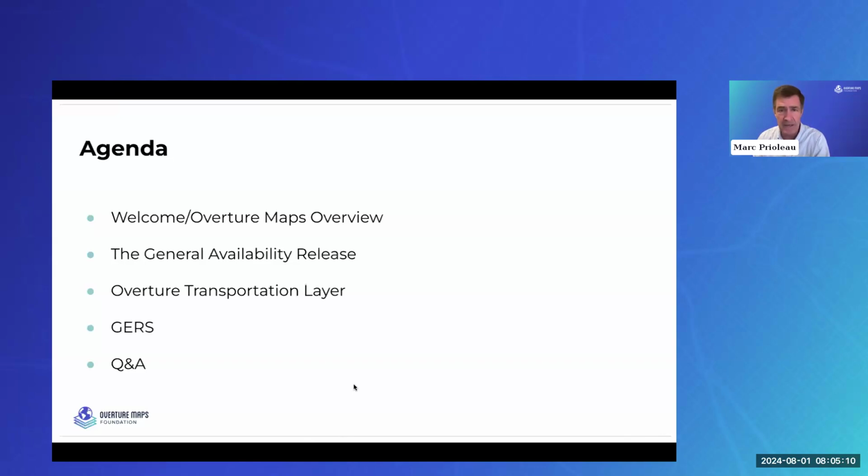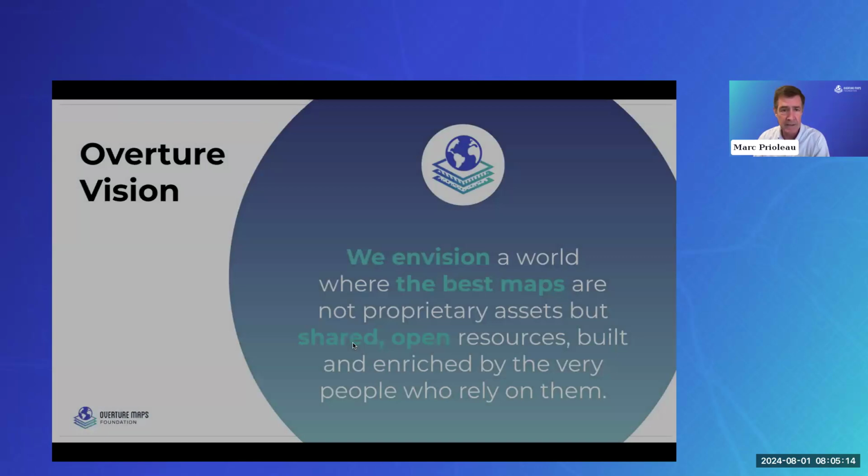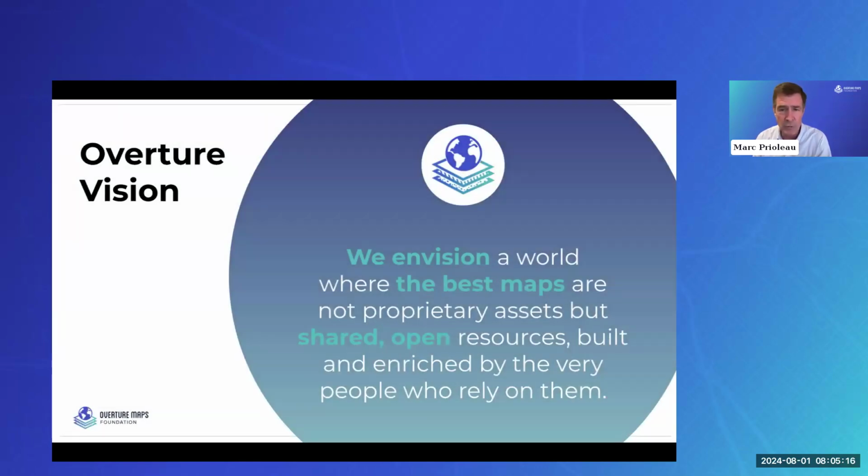Let's jump in. Nora, if you want to go to the next slide. Really quickly, if you haven't seen it, and I assume most of you have, Overture is a project with the mission of building high quality open map data sets. One of the things we look at a lot is aiming our outputs to the people who use the maps.